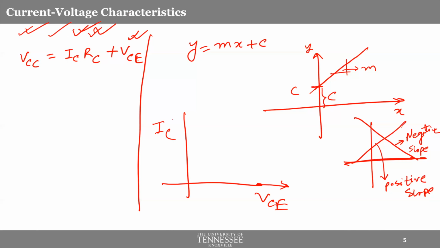Now, on the y-axis you have IC, so your y should be IC. On the x-axis you have VCE, so your x should be VCE. So let's try to arrange it this way. I can rearrange it as ICRC equals VCC minus VCE. So let me divide with RC on both sides.